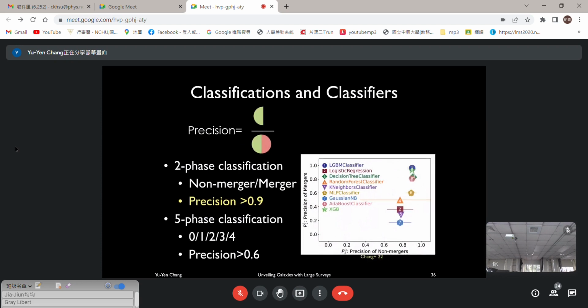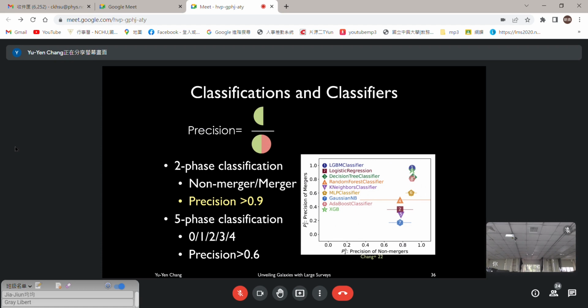In this work, the most important score is the precision. Because we don't want to select a sample which are not galaxy mergers, it might be okay to miss some merger galaxies, but in our selected sample, we want to have a very high precision, which is also called purity in some cases.